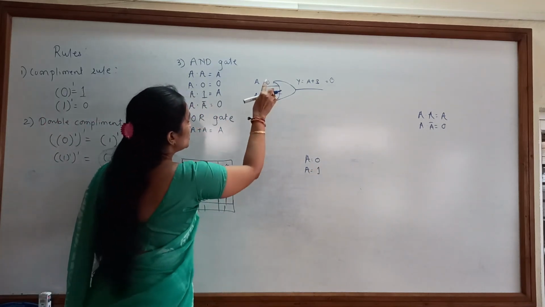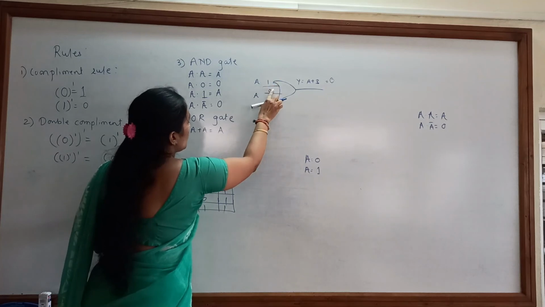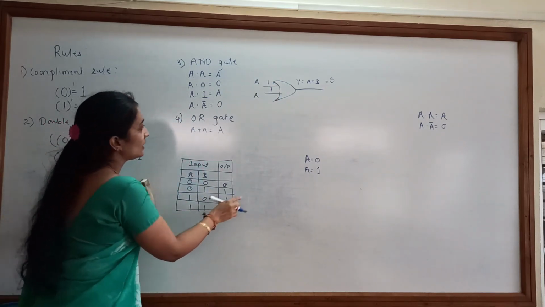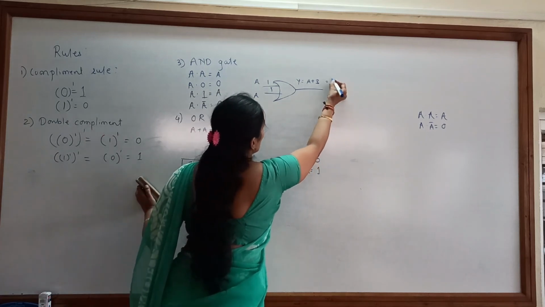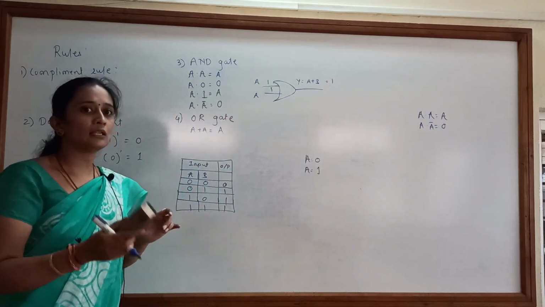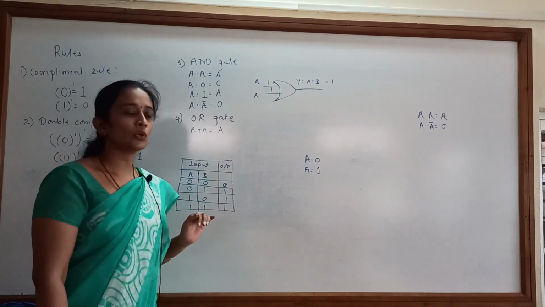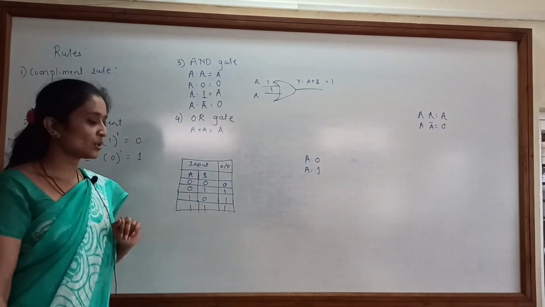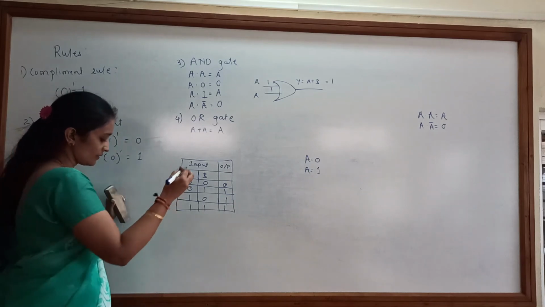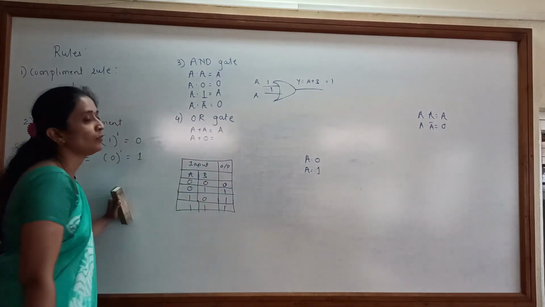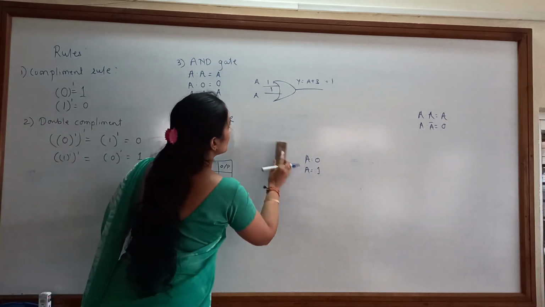A is equal to 1. Here if we take 1, this is also 1. 1 plus 1 is equal to again 1. Means we are getting the same A. A plus A is equal to A. This is the first rule. Second rule is if we add 0 to any number, what will happen?